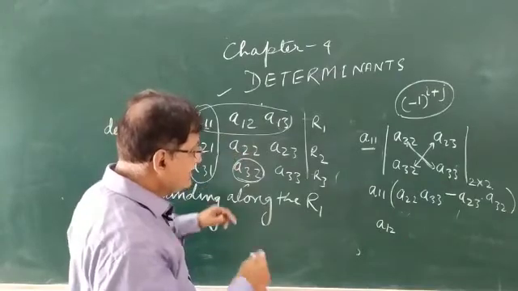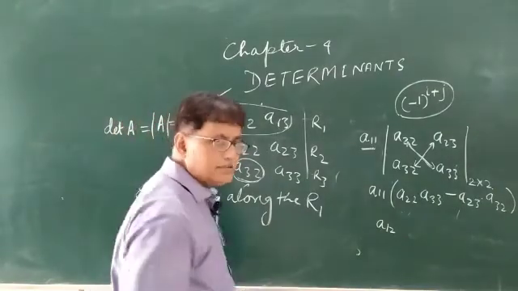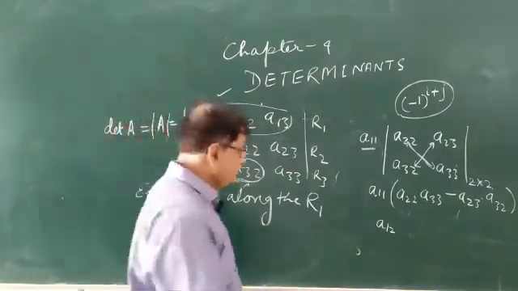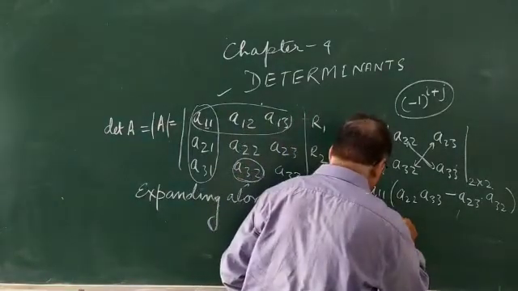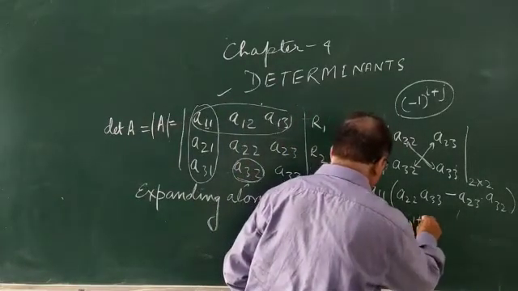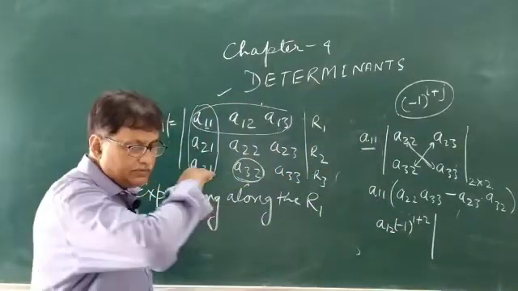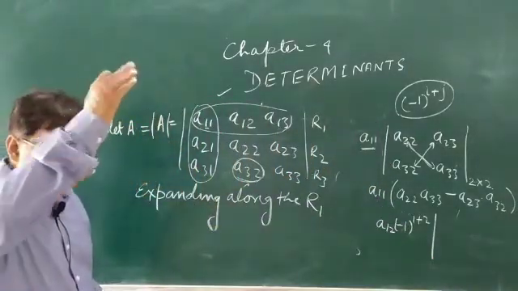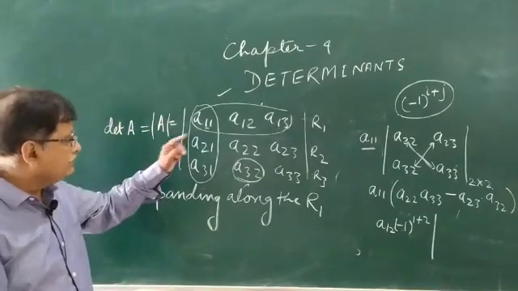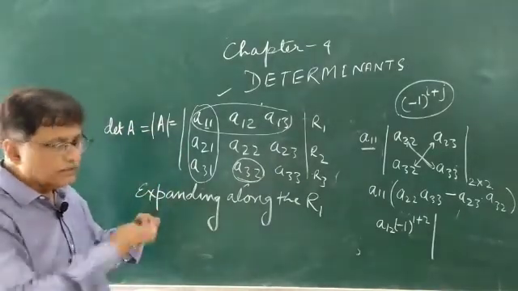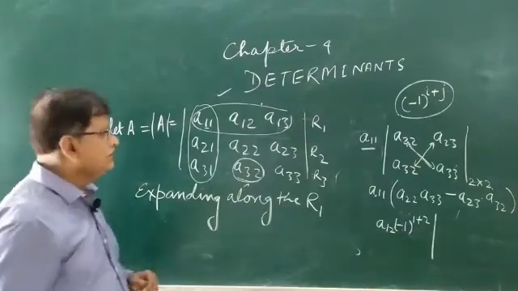Now after that you see what will be the sign of that element. Minus 1 to the power 1 plus 2, and then same way that row and that column where the element belongs, delete it or hide it.